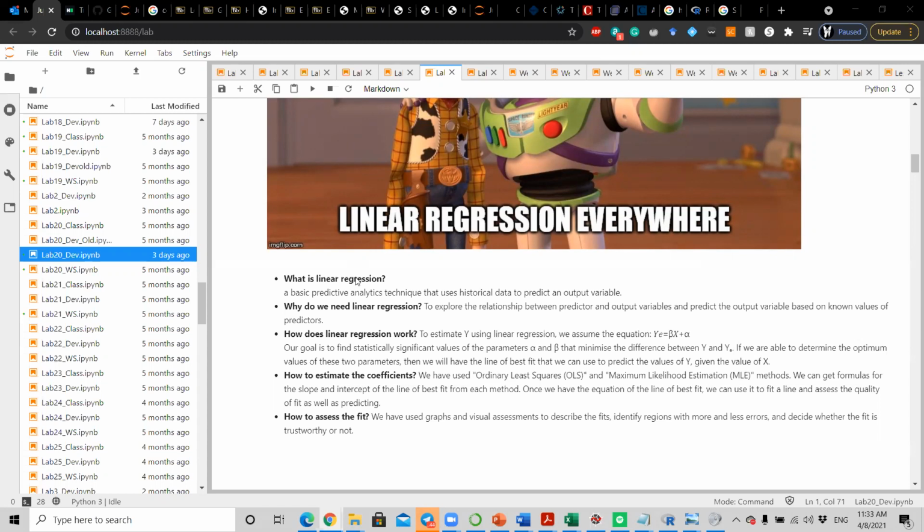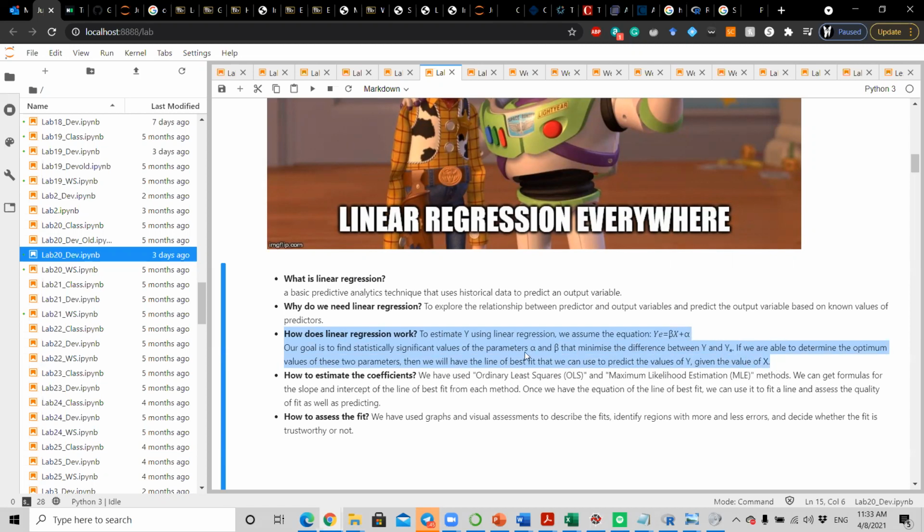Yes. Cool. So my question is, how do we do linear regression? What is the format of the data model and how do we approach it?